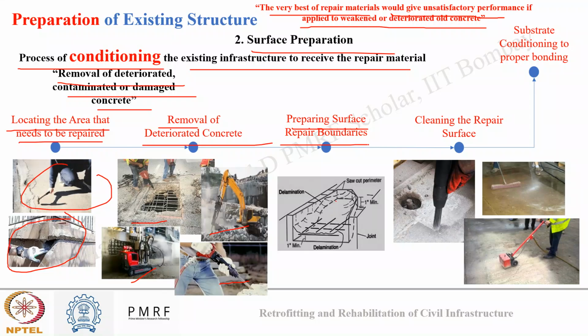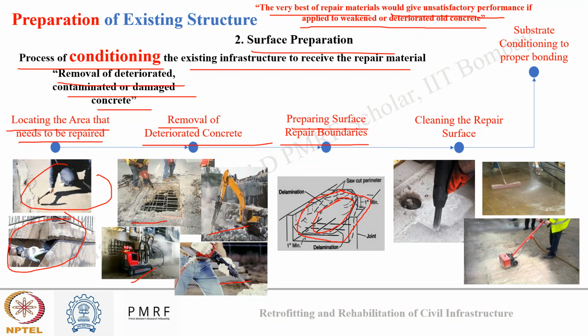Suppose this was my area which was damaged or deteriorated, but when I clear off the deteriorated concrete, I will clear some specific extra area also, so that when I am placing my new mortar or repair material, it is properly intact with the old material and takes proper shape with the old material.